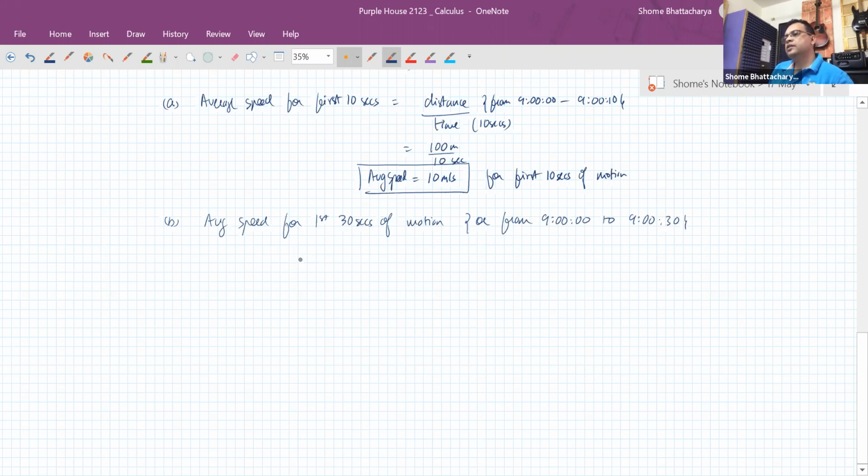Again, the average speed is equal to distance for this time interval divided by the time interval.